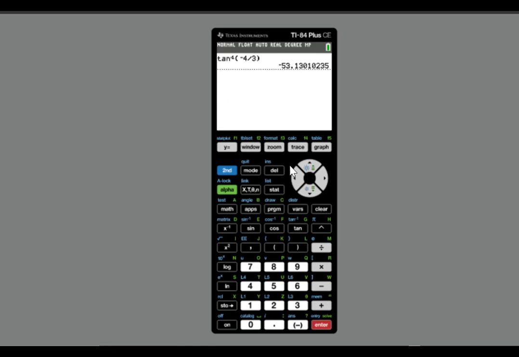So that's giving me negative 53, which is a fourth quadrant angle. And so what we want is the positive angle whose terminal side is in the second quadrant. So we'll use the reference angle of positive 53.1 degrees.